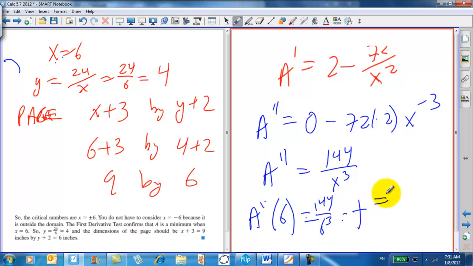So by the second derivative test, at x equals 6, we have a relative minimum. Because if the second derivative is positive, the function is concave up, so that means we've got a relative minimum.